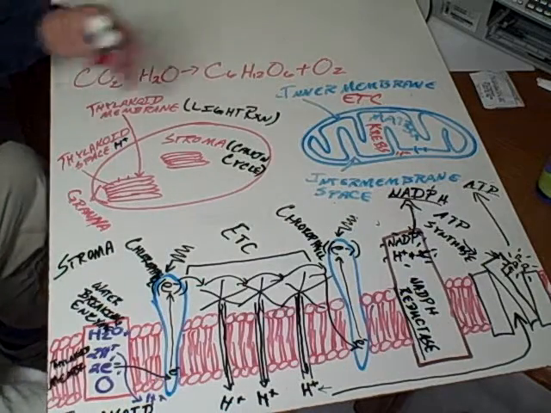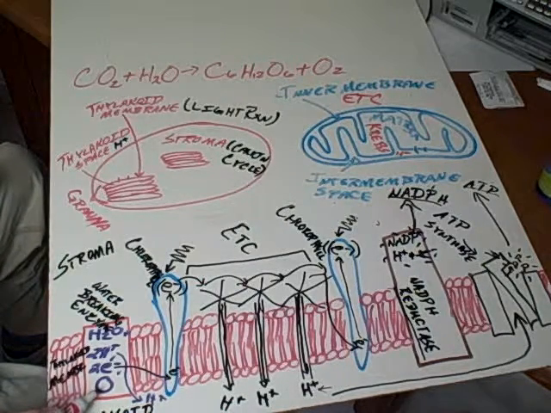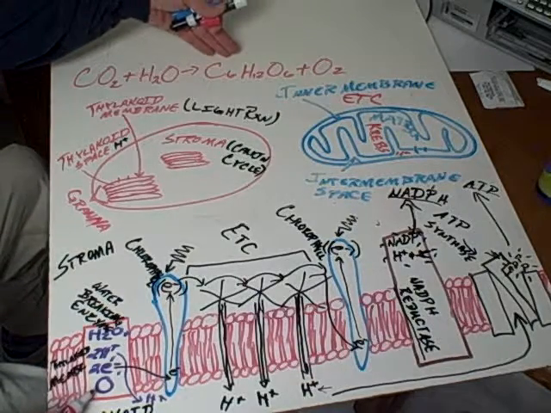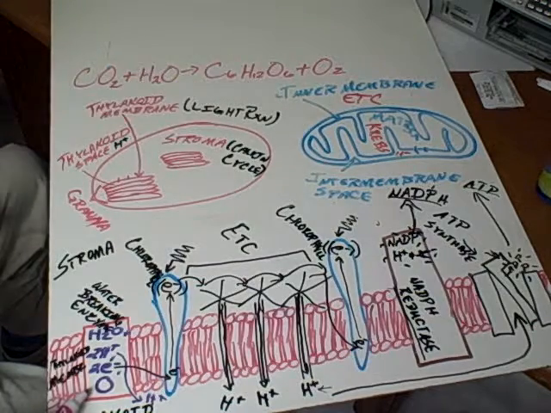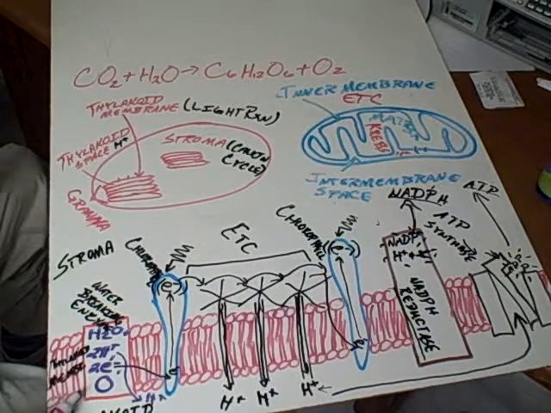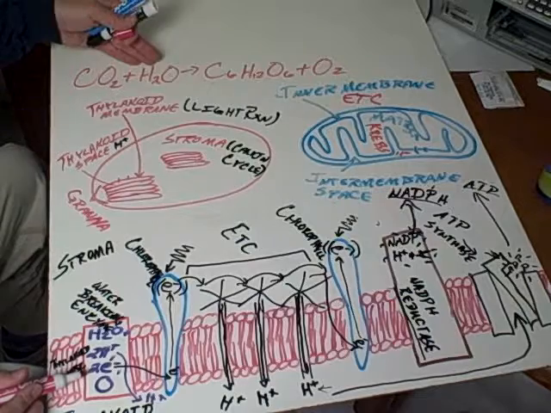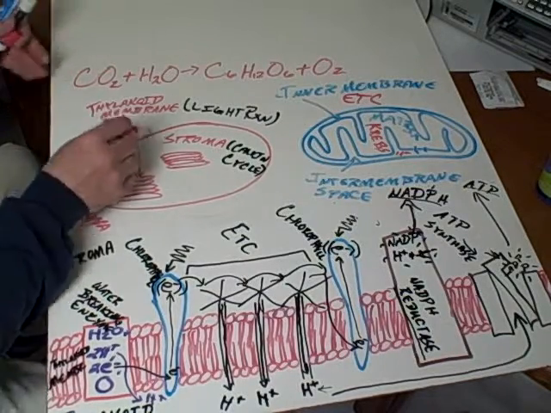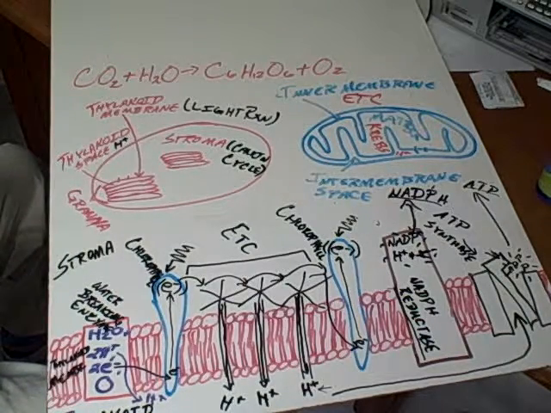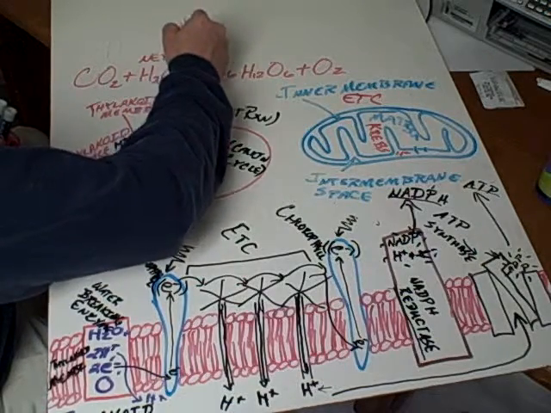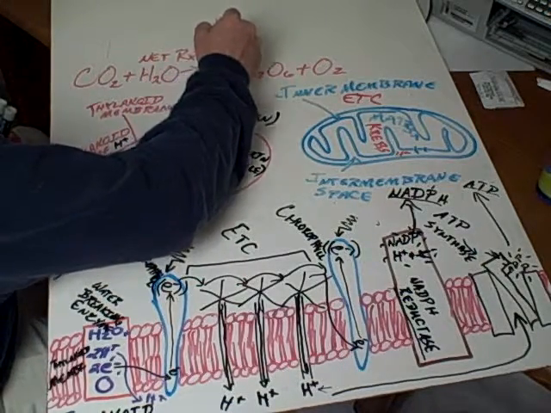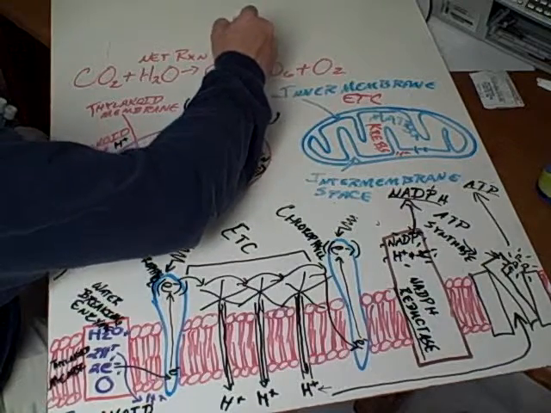This O2 is produced right here on this membrane. The sugar is produced in the stroma by the Calvin cycle. The H2O got used up right here in the light reaction, and the CO2 got used up in the Calvin cycle. But this is the net reaction for photosynthesis.